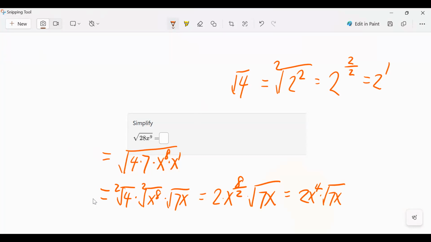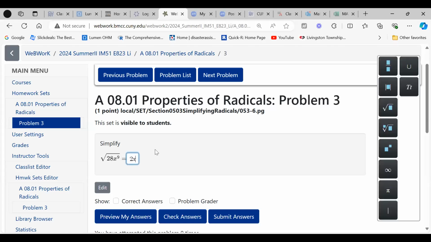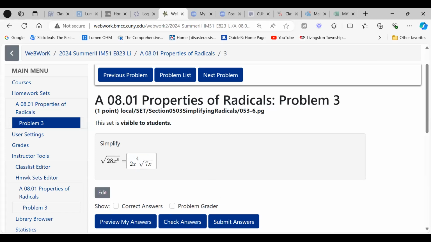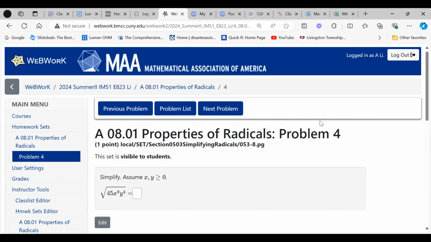Any question about this? 2x to the fourth times square root of 7x. So we answer, we get this. It's the correct answer. Next problem.